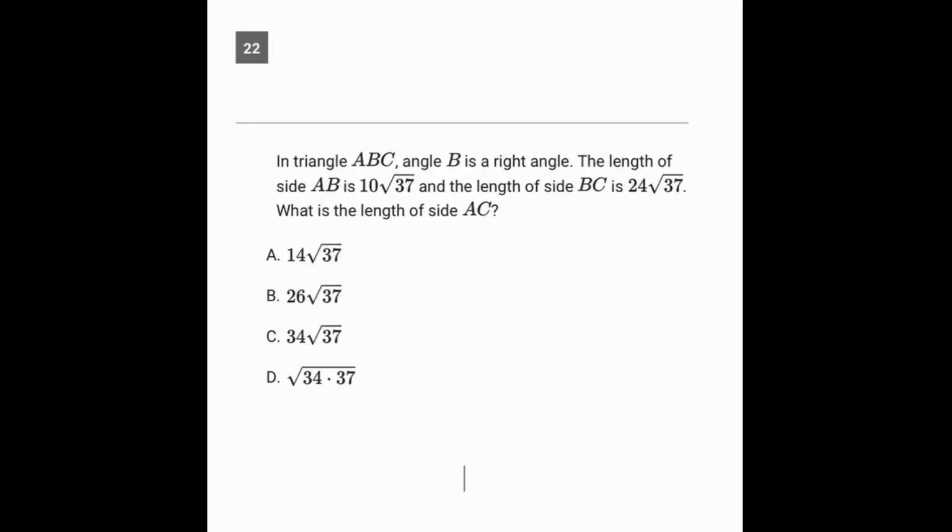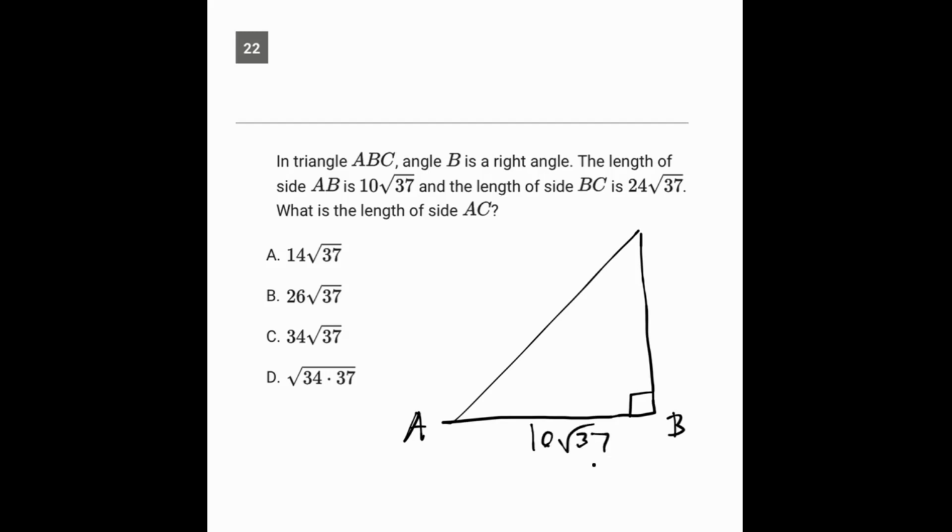So now going over to question number 22, we're being told about a triangle that is a right triangle because it's got B as the right angle. AB is 10 root 37. So let's just write that in here. AB is 10 root 37. And BC is 24 root 37.